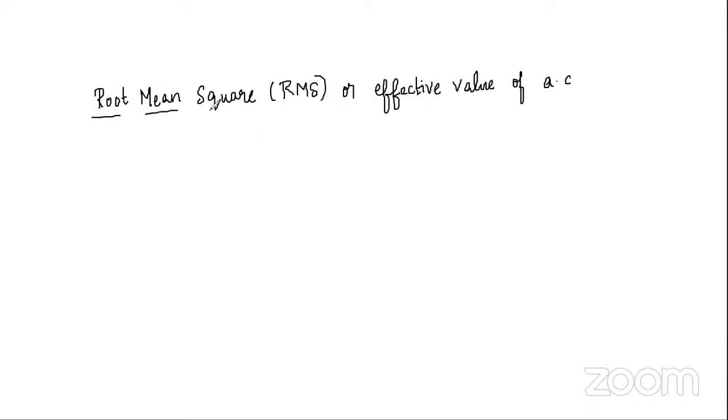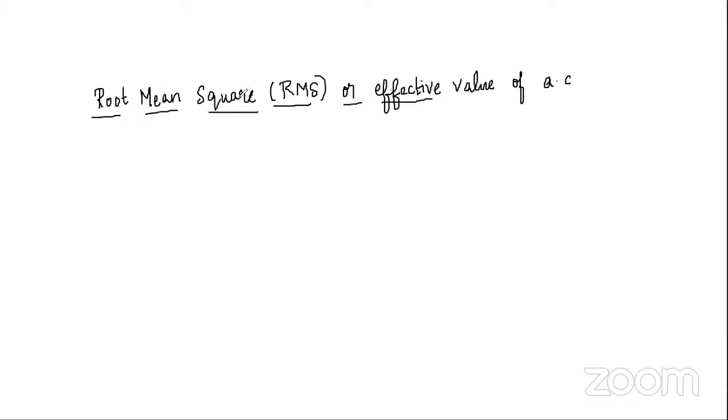Okay, root mean square, that is RMS, otherwise called effective value of alternating current, that is abbreviated as AC. Okay, root mean square or effective value, RMS or effective value of AC.